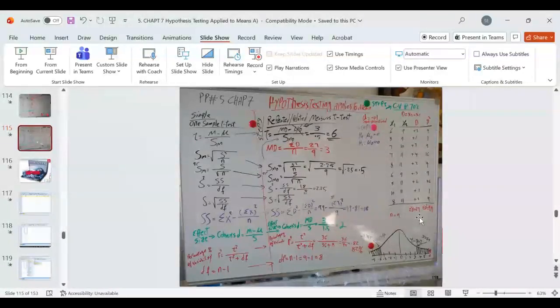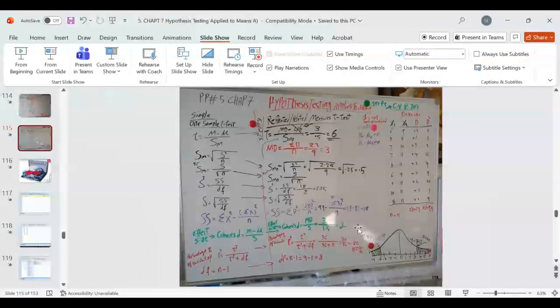As you can see, sum of D squared is 99, and sum of D is 27.